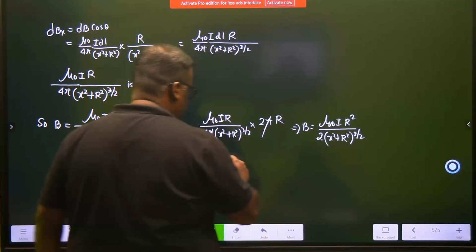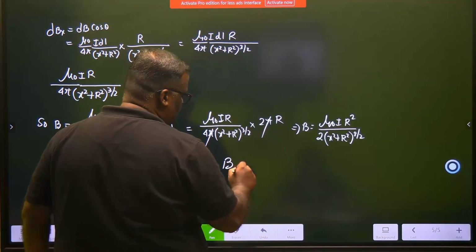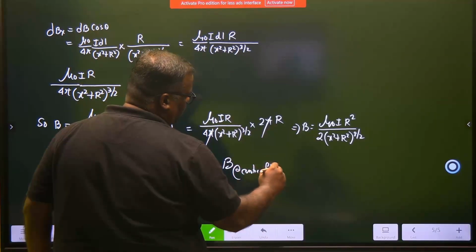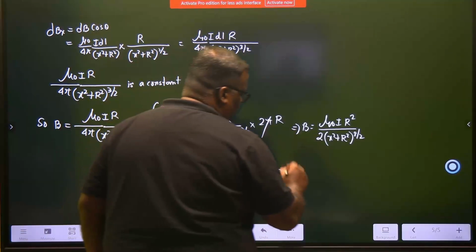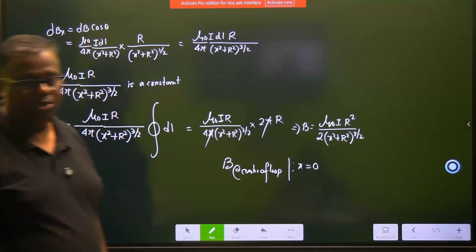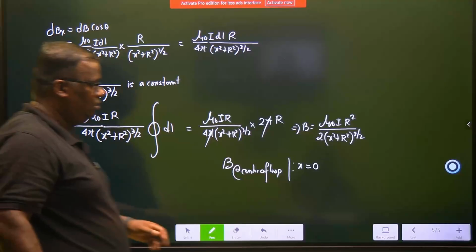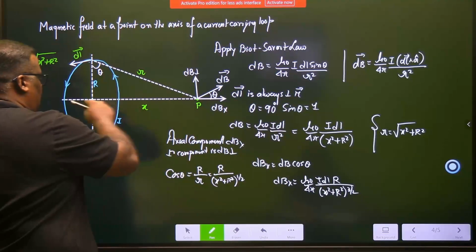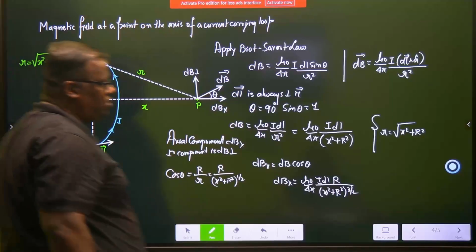On this basis, magnetic field B at the center of the loop. Now at the center of the loop, what happens? The x value will be equal to 0, because x was the point, remember? If you try to find it at the center of the loop, then x becomes 0.